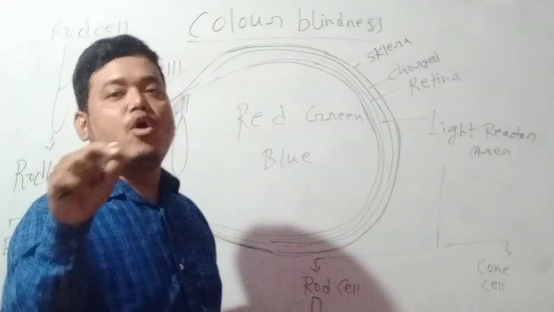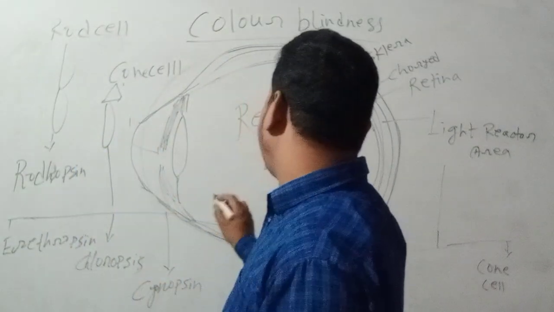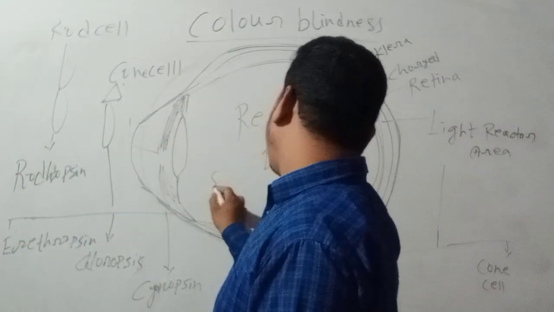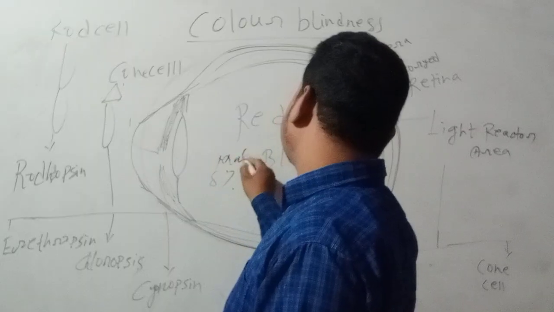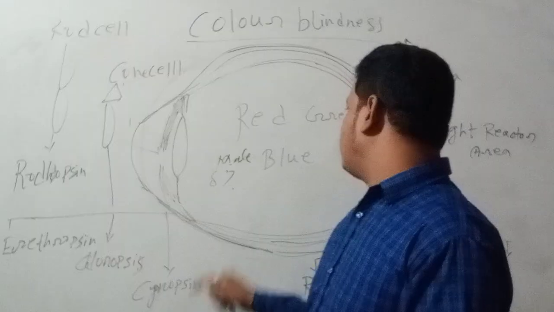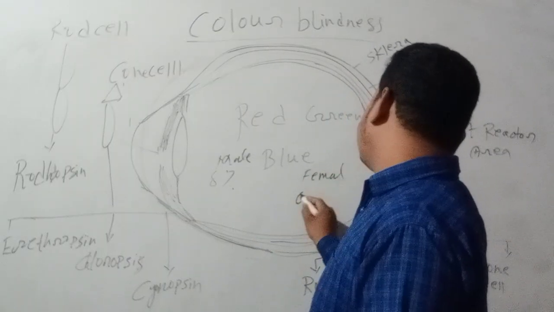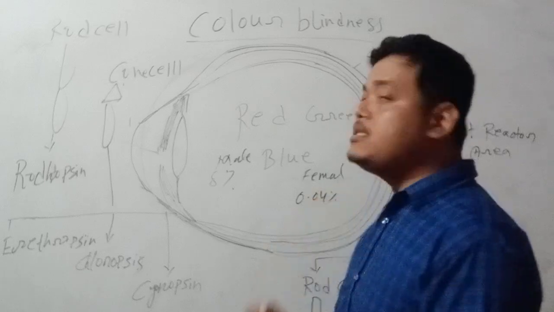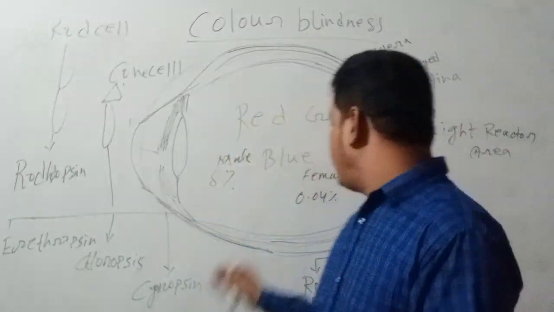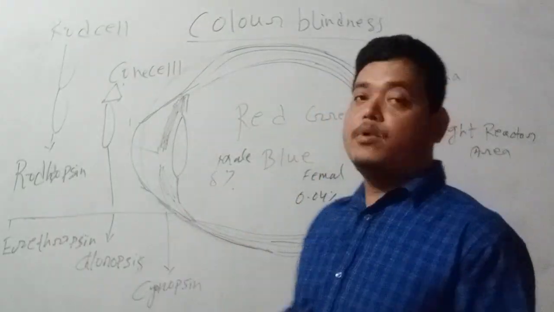This is an X-linked problem. In the world, about 8% of males are affected by color blindness, and females are very few, only 0.04%. That means out of 1000 females, only 4 are affected by this problem. Why?